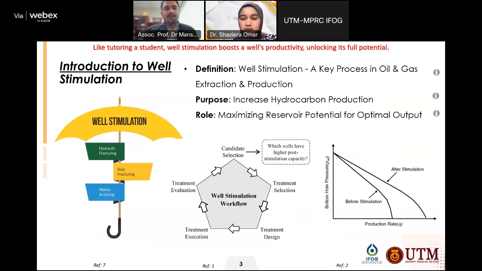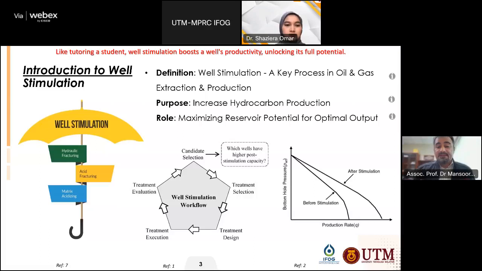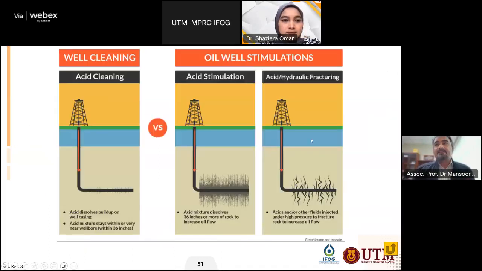Okay, so well stimulation at its core is a process designed to enhance the productivity of oil and gas wells. This process involves various techniques aimed at increasing the connectivity and permeability between the reservoir and the wellbore. Here you can see well stimulation techniques, where this is our reservoir and this is our wellbore.